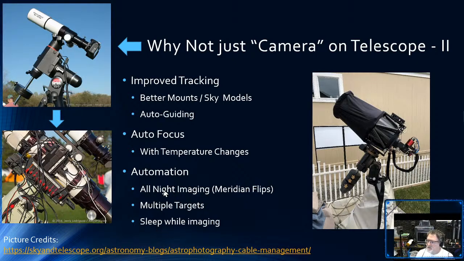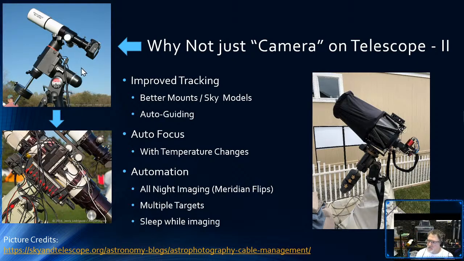So we want to automate everything so that we can do things like all night imaging. So when I first started in this hobby, again, DSLR, with a great DSLR control program, Backyard EOS or Backyard Nikon, I could track an object across the sky up to the meridian, which is the zenith. If you draw a line, the high point in the sky, and then I'd have to shut things down unless I wanted to stay up and manually do that meridian flip to come back around through Polaris and back the other way.